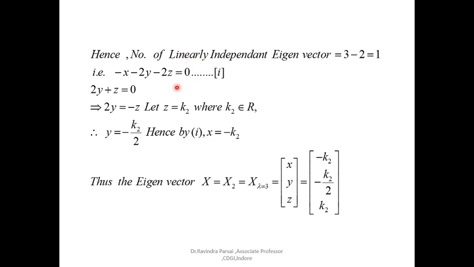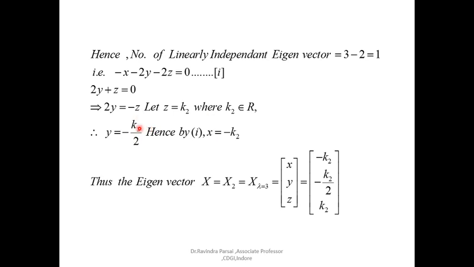How will you find this? Just by writing the previous matrix equation into algebraic form. So the first equation is minus x minus 2y minus 2z equal to 0. The second one is 2y plus z equal to 0. Now here you write 2y equal to minus z. We take z to be independent, an arbitrary value k2, where k2 belongs to the real numbers.